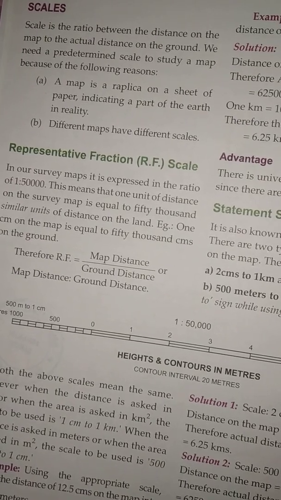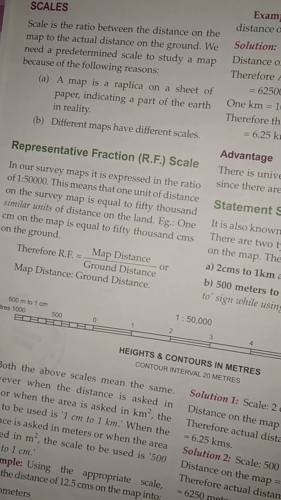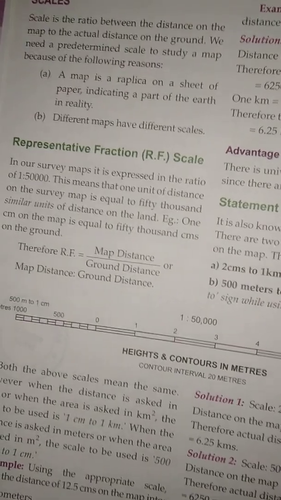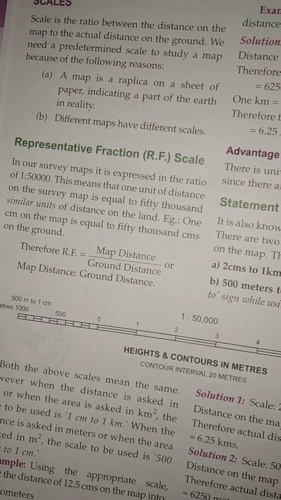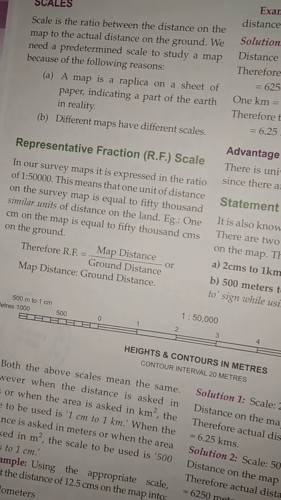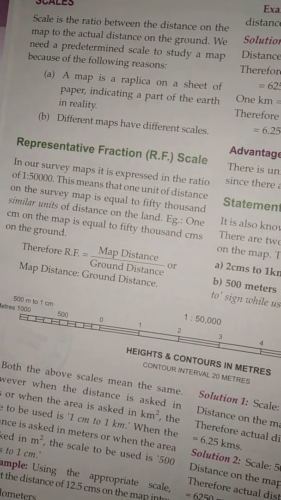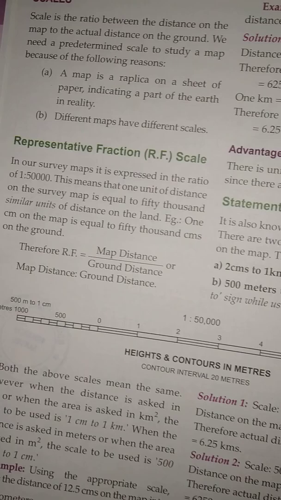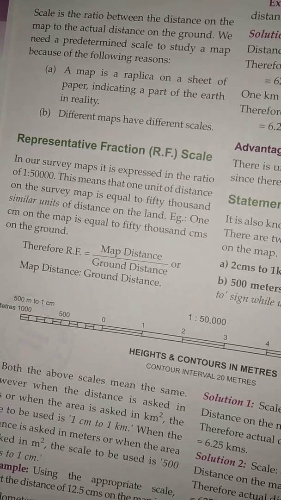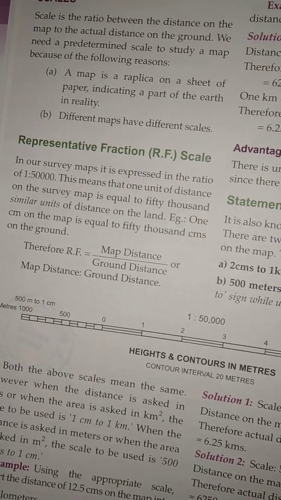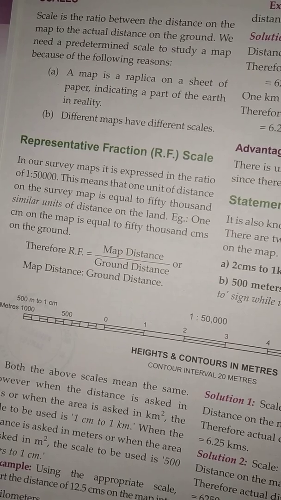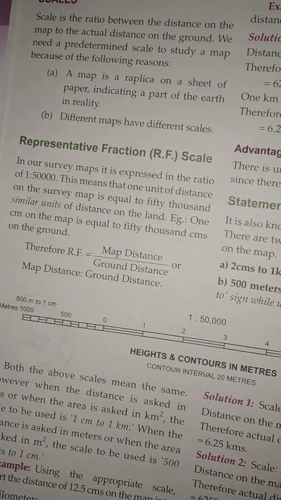Now there are different types of scales. The first scale which we will talk about is called representative fraction. In short, we call it RF. In our survey maps, it is expressed in the ratio of 1:50,000. What is the meaning of it? Now let me explain. Representative fraction actually is a very different type of scale.